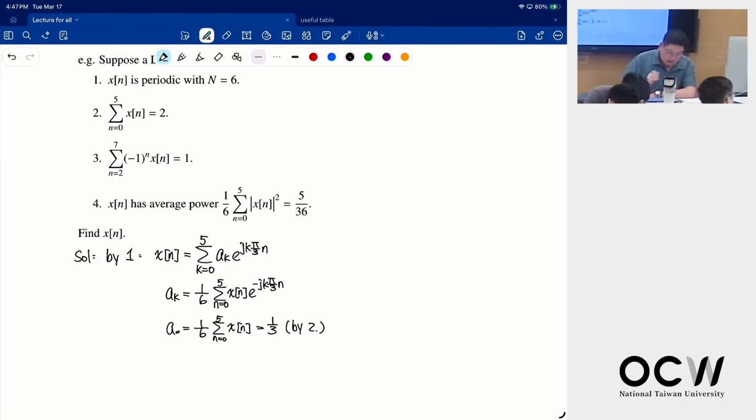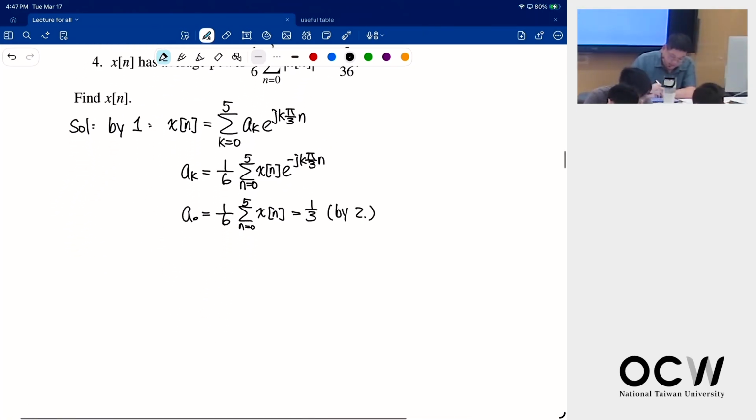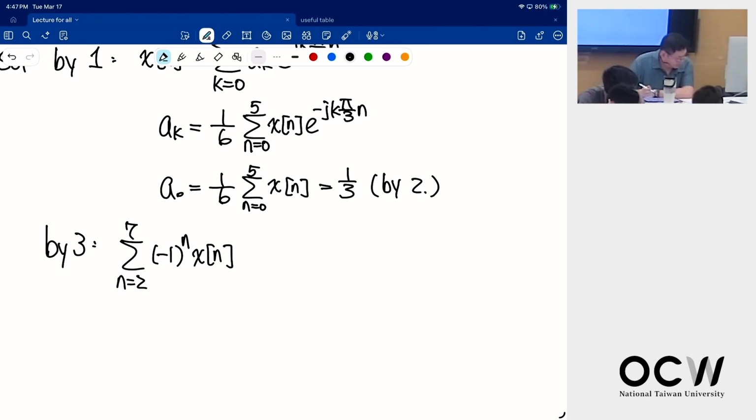Now by hint 3, this is a summation from 2 to 7, 2, 3, 4, 5, 6, 7. So it is also like a period. Minus 1 to the n, x[n]. How can we express the minus 1 in the complex exponential form?